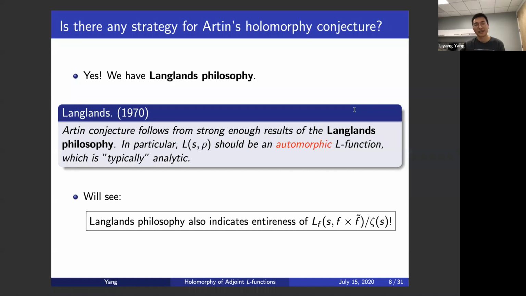Roughly speaking, according to Langlands, each Artin L function should eventually be equal to some automorphic L function, namely the L function attached to some automorphic representation, like the L function attached to modular forms, for example. And typically, these automorphic L functions are much easier to prove analytic.